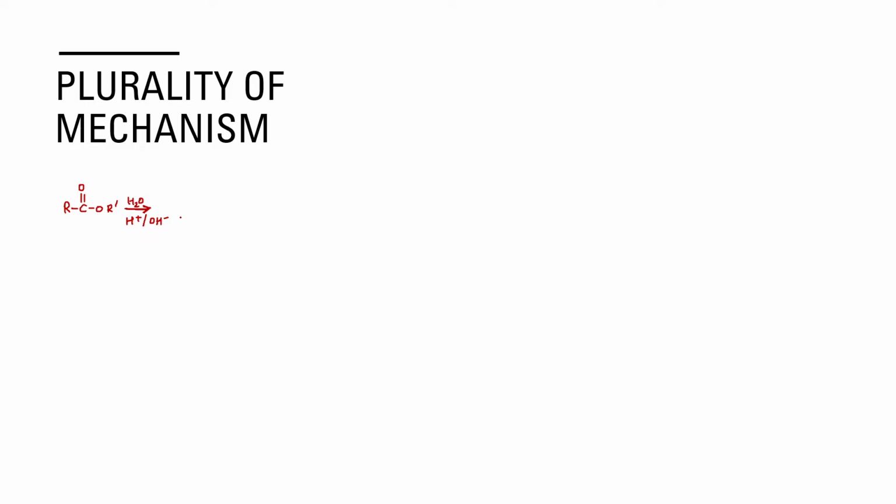You will get a certain product, and usually the product is either a carboxylic acid or carboxylate plus R'OH. You will always get this as the outcome in a hydrolysis of an ester reaction.